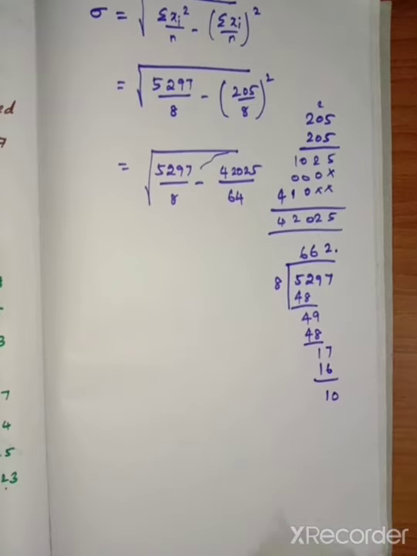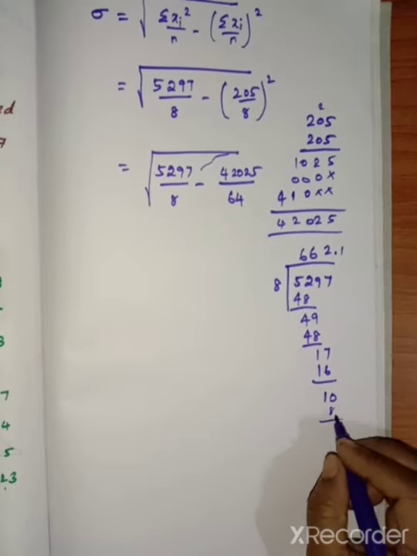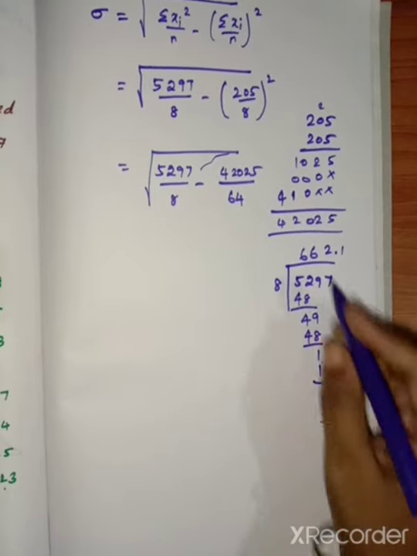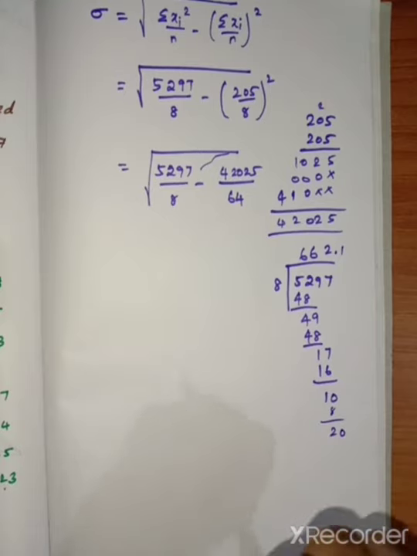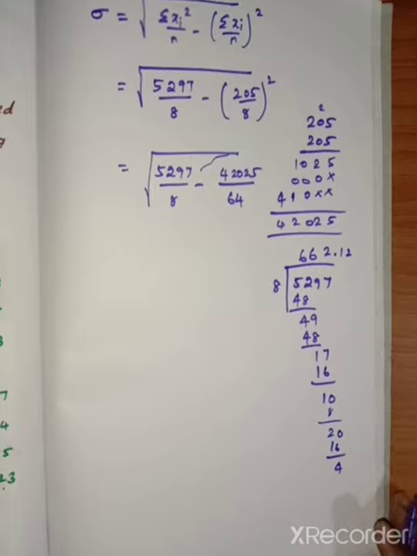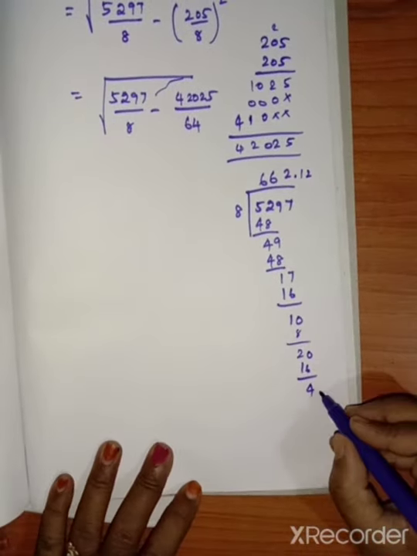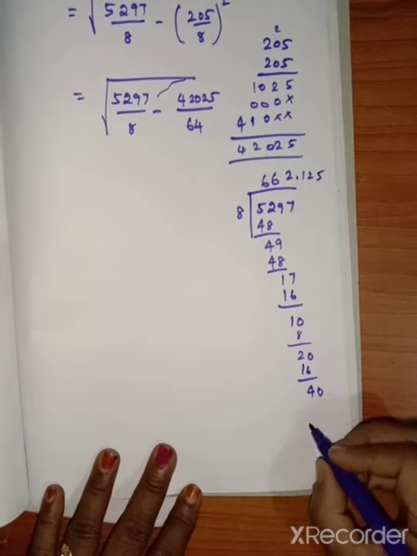0. After the decimal, we can find 1, 2 or 3 values because of the variation alone. So here if you put, 1 8 is 8. So remaining 2, already point is there, 0. So 2 8s are 16. Then again 4. So if it is possible to complete, alone we can use the last one. So 0. So 5 8s are 40.